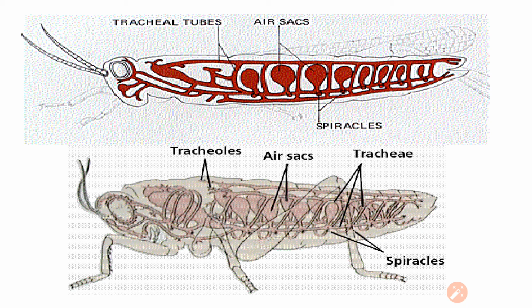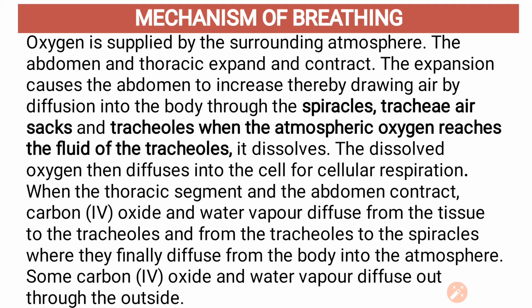So what is the mechanism behind this? When oxygen is supplied by the surrounding atmosphere, the abdomen and the thorax expand and then they contract. Expansion is for one mechanism, while contraction is for the other mechanism. When they expand, it causes the abdomen to increase and thereby draws air by diffusion into the body through the spiracles, trachea, air sacs, and then the tracheoles.